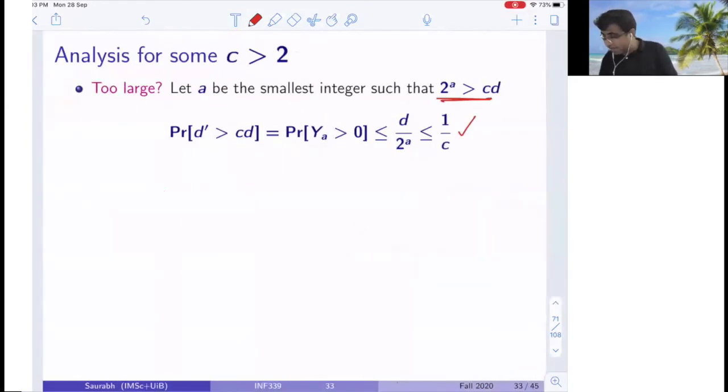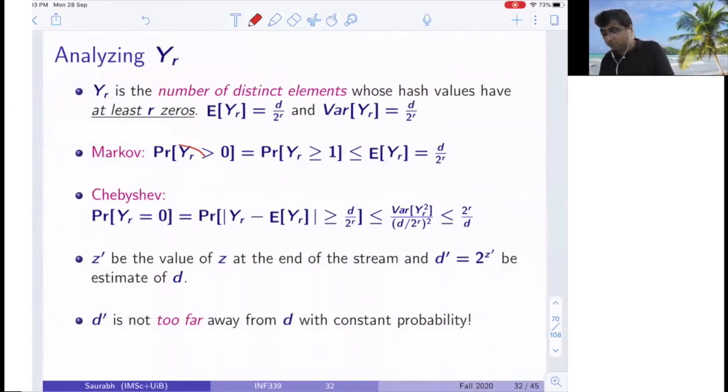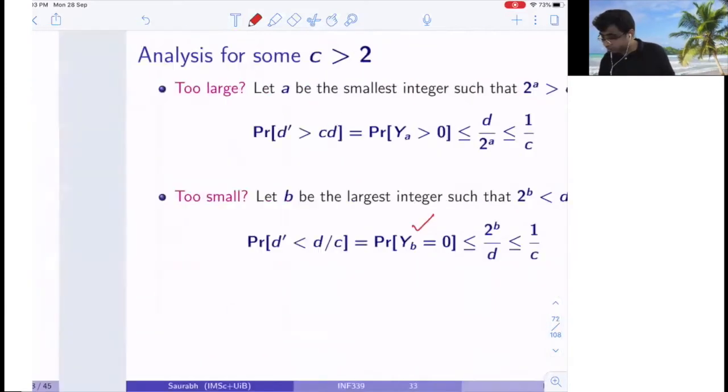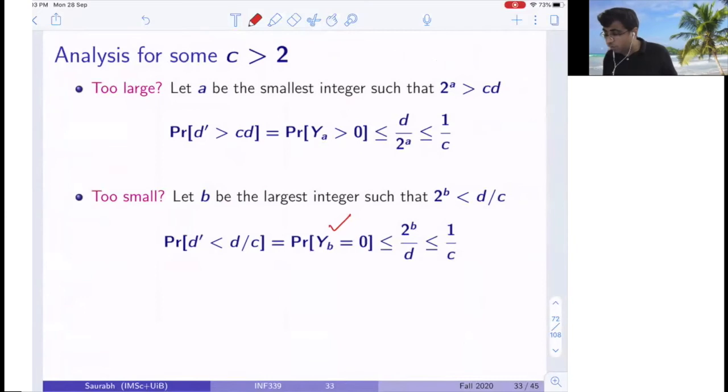But that is exactly what we computed here, right? The probability that yb is 0 is upper bounded by 2 power b over d. And with our choice, this is less than 1 over c.